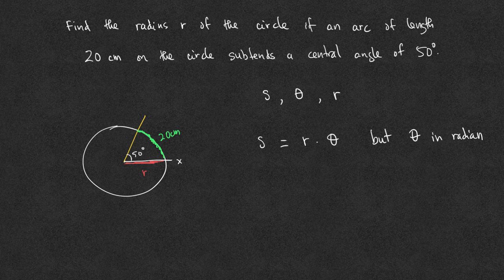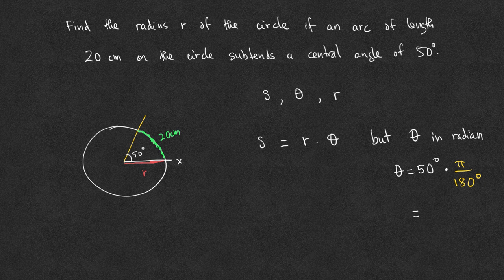As of now, we cannot use this formula, not yet, until we convert 50 degrees into radians. To convert 50 degrees into radians, we multiply by the factor of pi over 180 degrees so that the degrees cancel out. The unit is in radians.